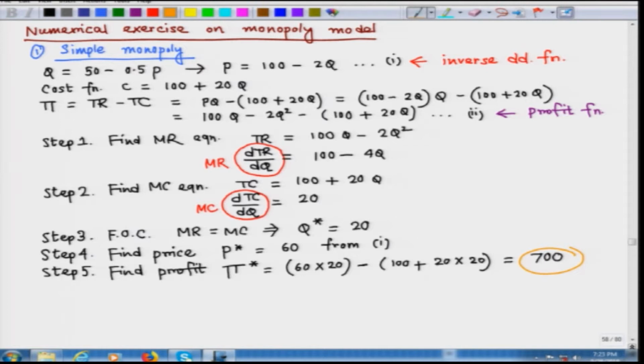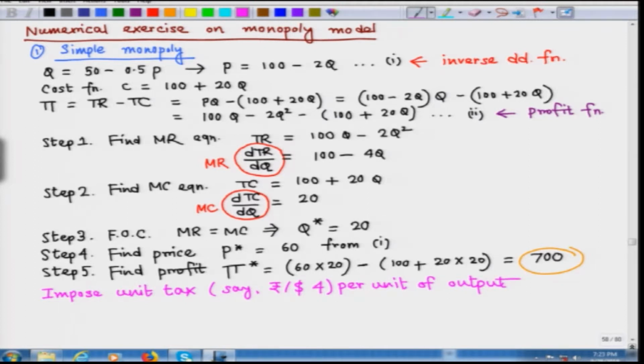So, now we are going to impose a unit tax, say 4 rupees or dollar, whatever, we have not assumed any monetary unit, per unit of monopoly output, right.